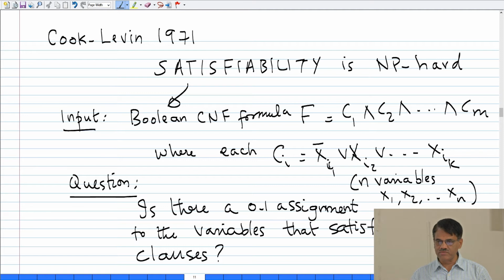The satisfying assignment would be the computation path in the Turing machine. So, everything boils down to minutely describing the Turing machine as a Boolean formula, and that is how they proved this problem is NP-complete. In fact, at least Cook won the Turing award for this work on NP completeness.